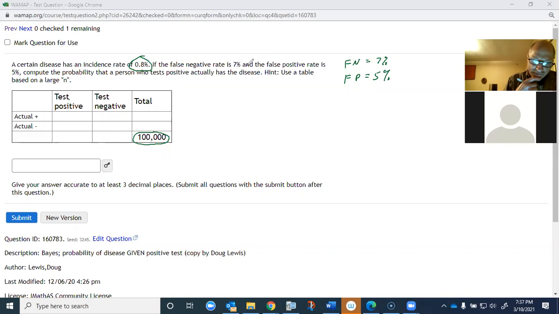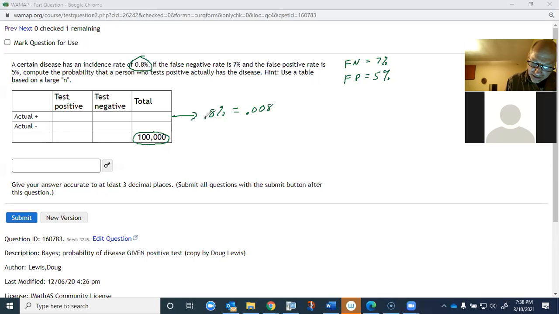So anyway, when we do this, we first want to start with the total. This is going to tell us the total positives that we could expect, most likely. So that's now 0.8% is equal to 0.008.